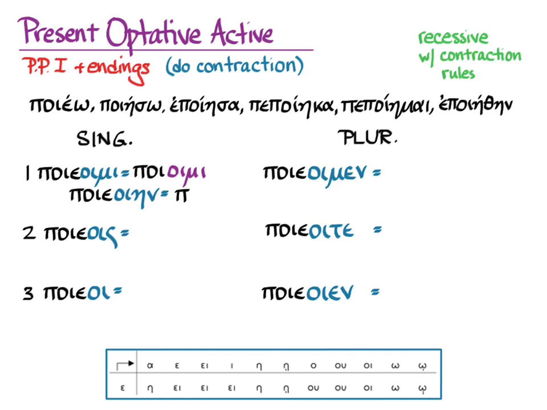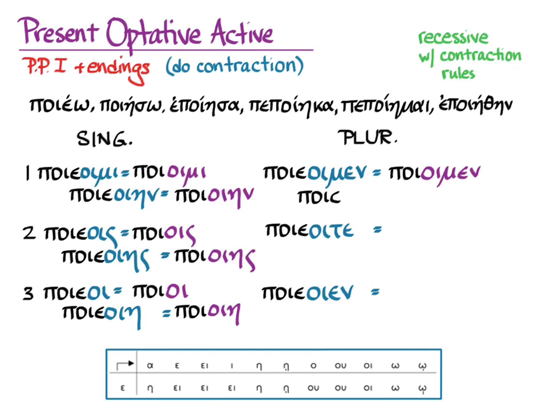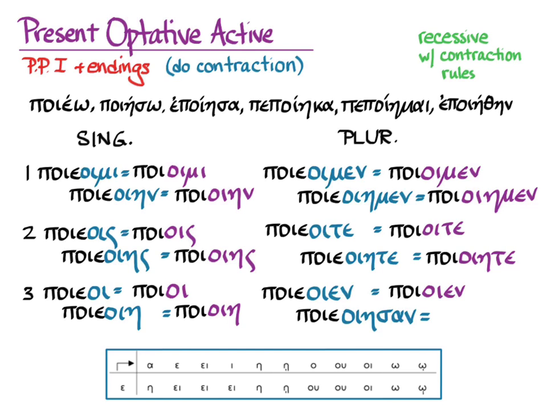We get poioimi or poioien, poiois or poioies, poioi or poioie, poioimen or poioiemen, poioite or poioieta, and poioien or poioiesan.